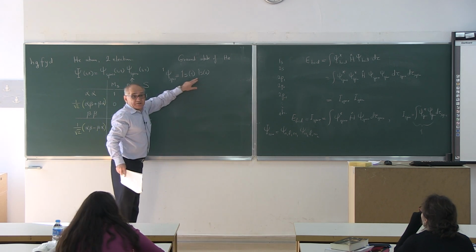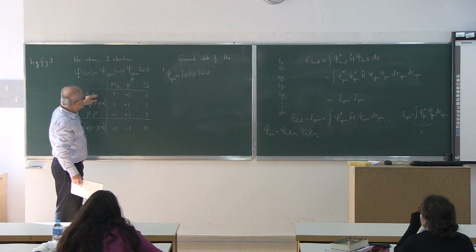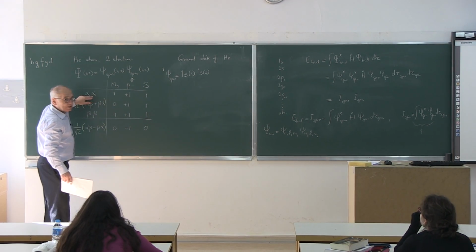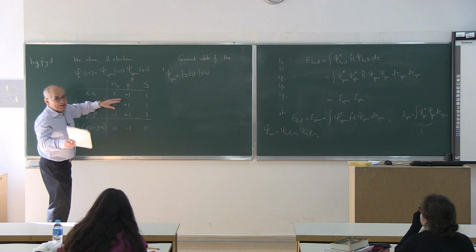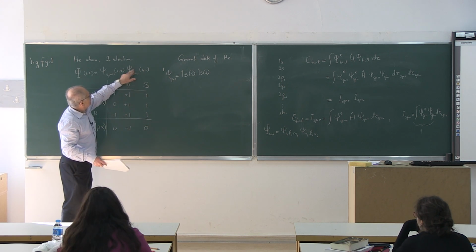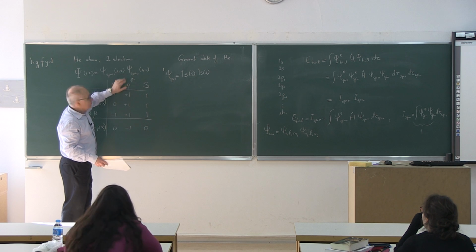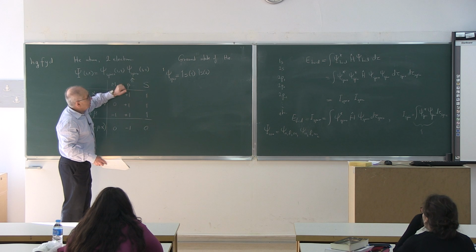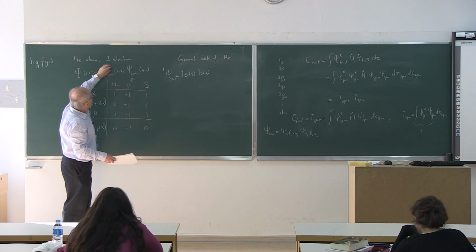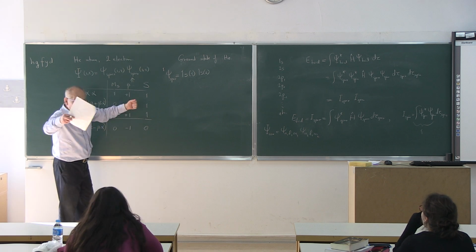This orbital product cannot be combined with one of these triplet spin functions. Why not? Combination means multiplication, this expression, psi space times psi spin, all right? We say psi space is combined with psi spin in the sense that they are multiplied.